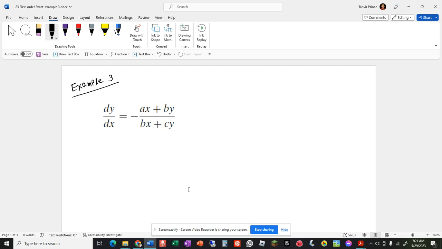So first we have to check, is this exact? So let's rewrite it so we can find the M and the N. There are many ways of doing it. So this negative sign, let me move it on the top or the bottom. Let me move it on the bottom. It doesn't really matter.